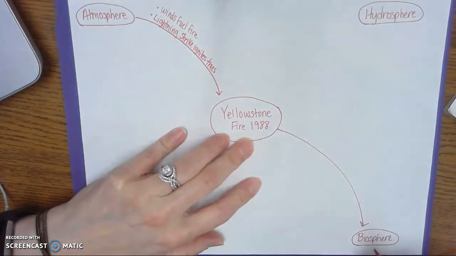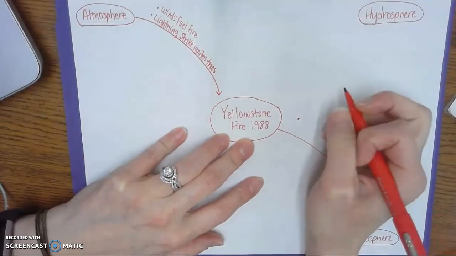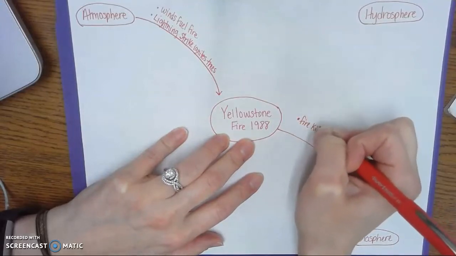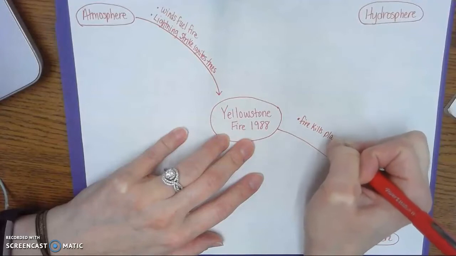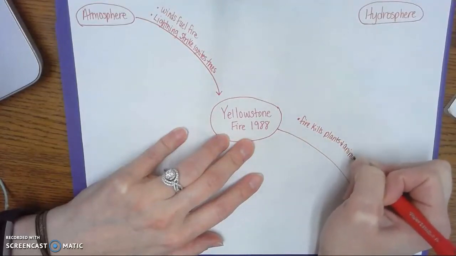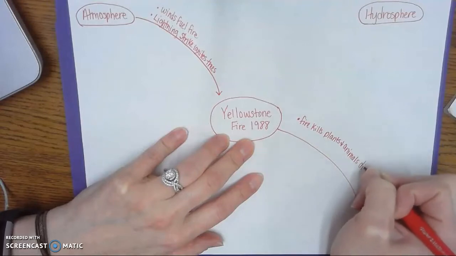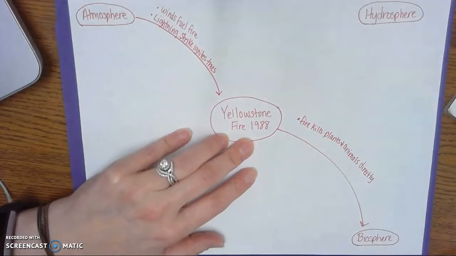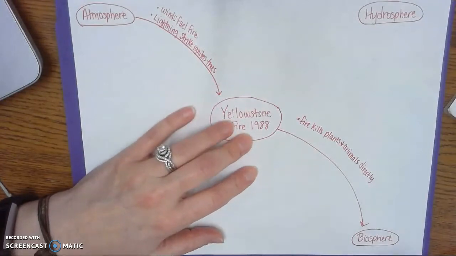So here we would say that the fire kills plants and animals directly. These are the ones that are going to die from the inhalation of the smoke or from the fire itself, the ones that can't escape, and then the plants who clearly can't escape.